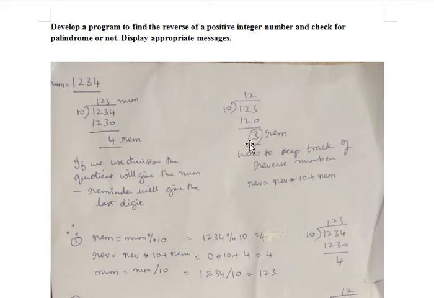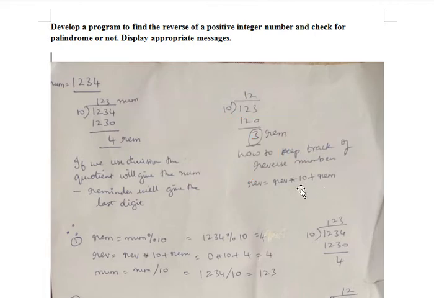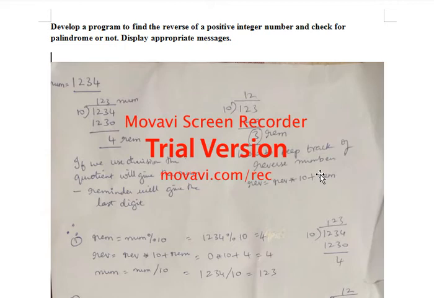In the next step, 3 is there, and reverse is stored as 4. So 4 into 10 becomes 40, plus remainder 3, that is 43. This is how we can frame the instruction and keep track of the reverse.